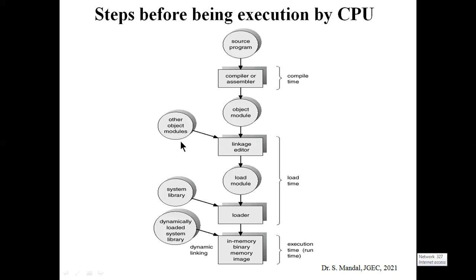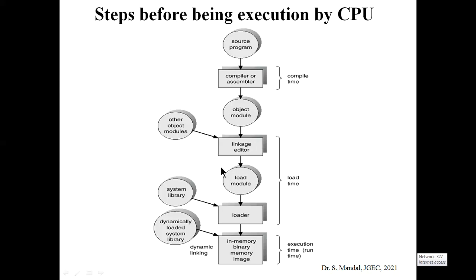So what are object modules? It is like the function of a main program. Suppose we need to call another function within a main program, so that is the other module. But we need to link them by using the linkage editor. Then we can load all those modules.